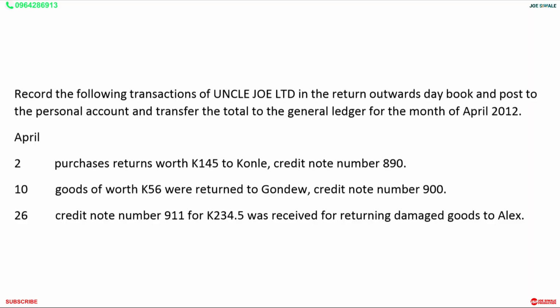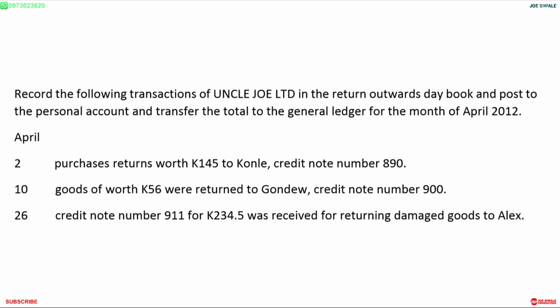Let us now look at the returns outwards daybook. We have this example, and the example reads: record the following transactions of Angojo Limited in the returns outwards daybook and post to the personal accounts, and transfer the total to the general ledger for the month of April 2012. So we have the month of April there.